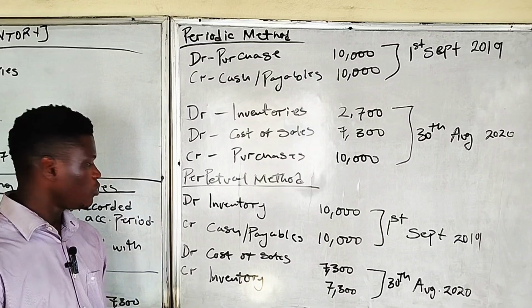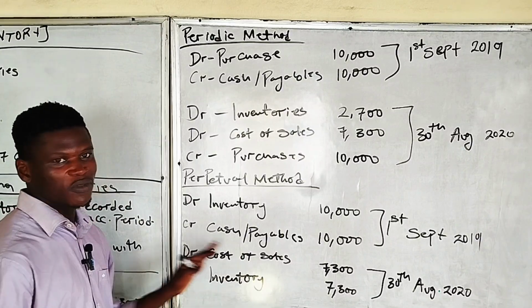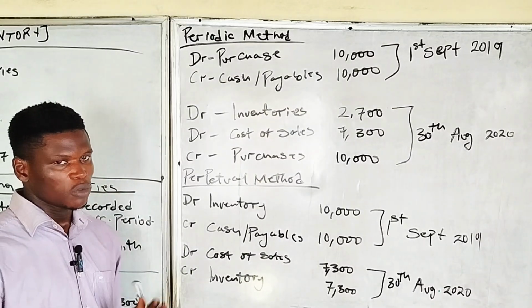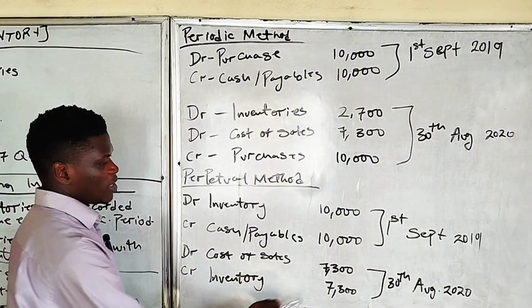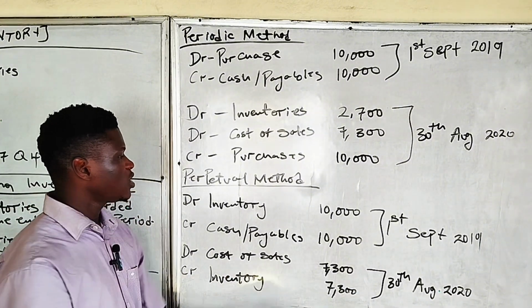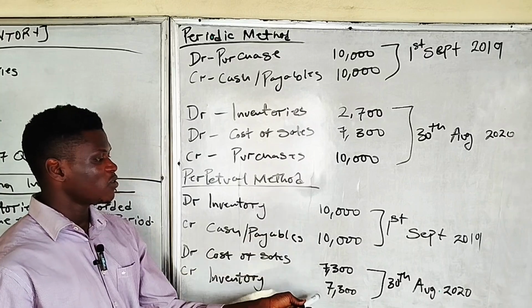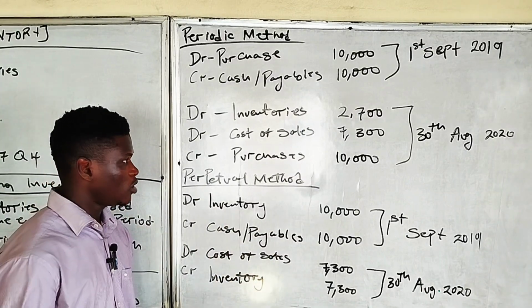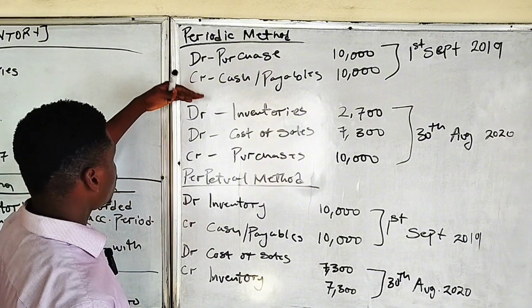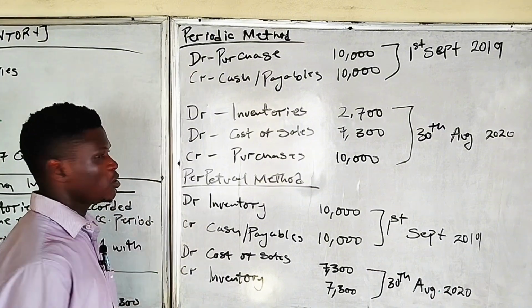Then at the end of the period, we remove the value which we have actually sold from the total inventory. That's why we're crediting inventory at the year end by 7,300. If we credit inventory 7,300, we're deducting 7,300 from 10,000, which gives us a balance of 2,700. So that's an illustration for both the periodic method and the perpetual method.